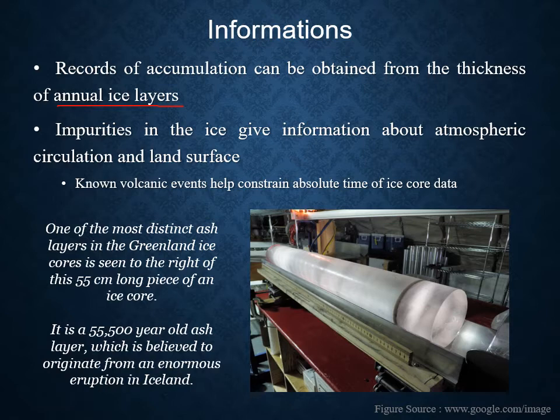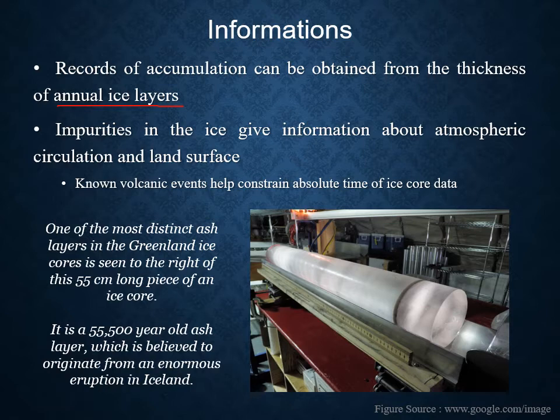If in a year the average temperature is slightly higher, relatively warmer, then we will get a thinner annual layer, and if in a year the average annual temperature is low, then we will get a thicker annual layer of ice within the entire ice core.